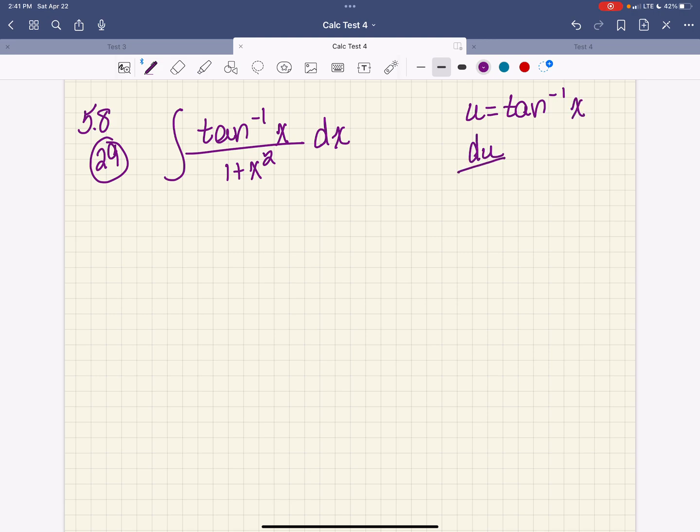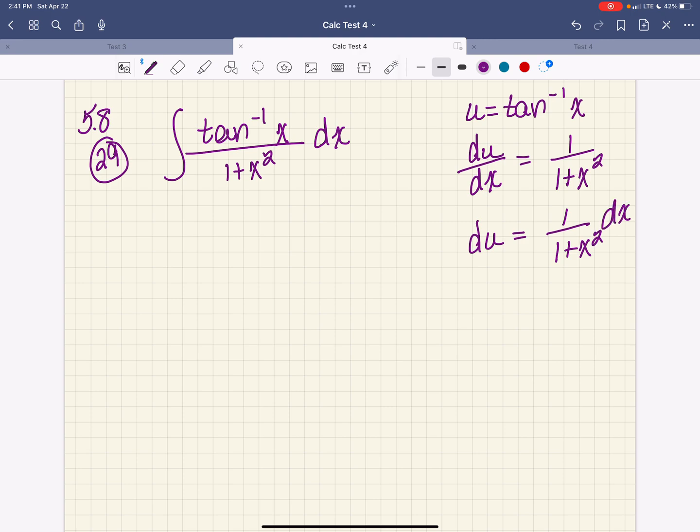Du dx is going to be 1 over 1 plus x squared, okay? So then we're going to have du equals 1 over 1 plus x squared dx.